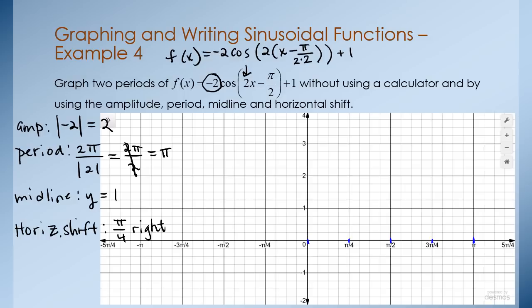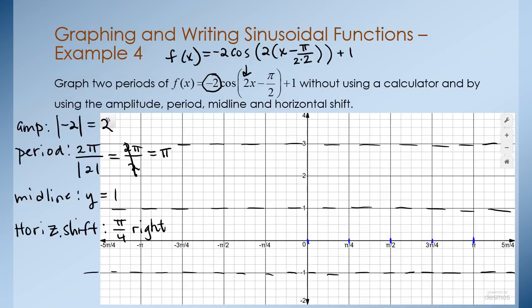And now I'm going to put in my midline, which is at y equals 1. So I'll just do a dashed line. And then my amplitude, I'm going to go up 2 to 3, and I'm going to go down 2 to -1.